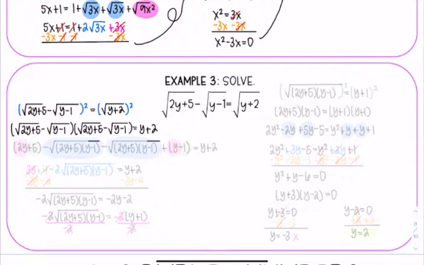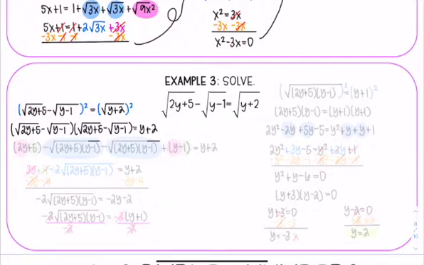So let's go ahead and FOIL the left-hand side. Now this looks like a doozy, but if you haven't noticed so far, if I multiply two square roots with the same radicand, we just get the radicand to begin with.